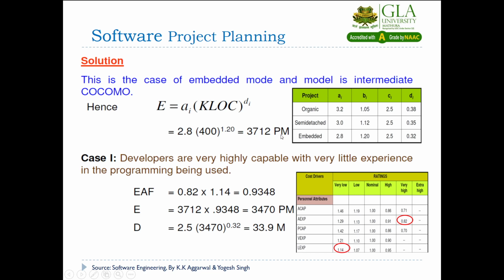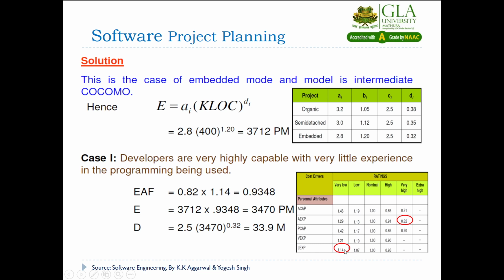Now this is not complete. For the second case, how will you complete it? First you have to estimate the EAF. This is the general effort we have computed. Now, developers are very highly capable with very little experience in programming language. So for very little experience, you will take 1.14 for the effort adjustment factor.